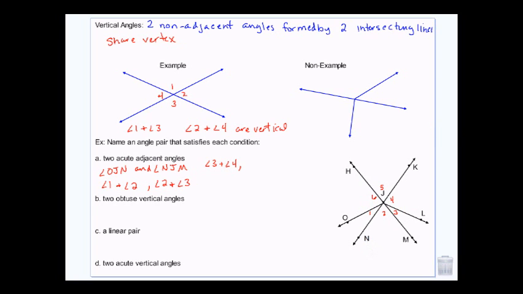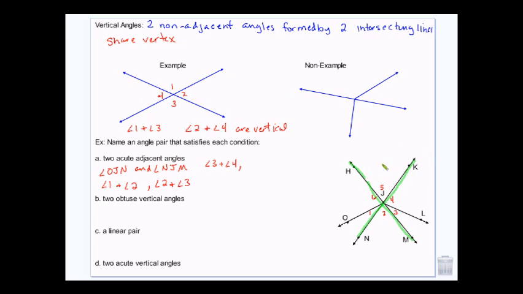Obtuse vertical angles. Well, first we need to identify the straight lines. Straight line, not my highlighting, but the actual line underneath. So 5 and 2 are vertical, and then HJN and KJM are vertical.